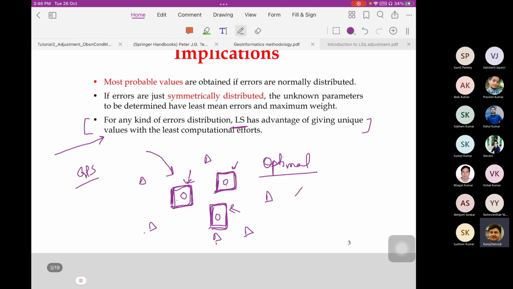That has been published in the Journal of Surveying Engineering of the American Society of Civil Engineers, so you can find it. A very basic problem, but it has been solved by least square.